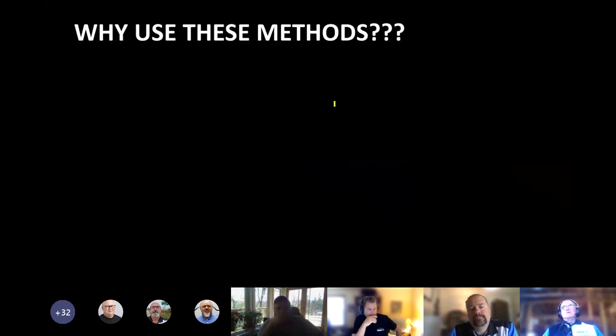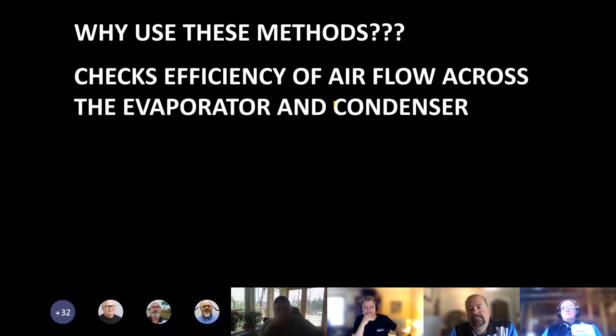So why do we want to use superheat and subcool? It checks the efficiency of the airflow across the evaporator and condenser. So if you've got a condenser all plugged up with leaves and road debris, this method will determine that. It's one of the few things that will. Remember last week I talked about a silver bullet, checking the temperature difference between the inlet and outlet of the condenser and evaporator?